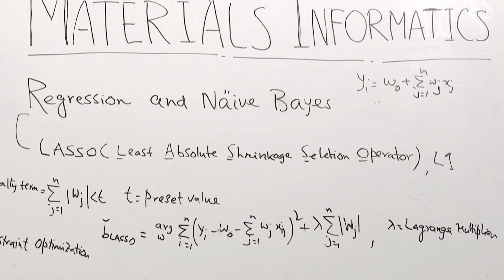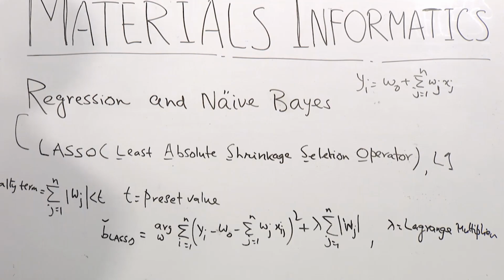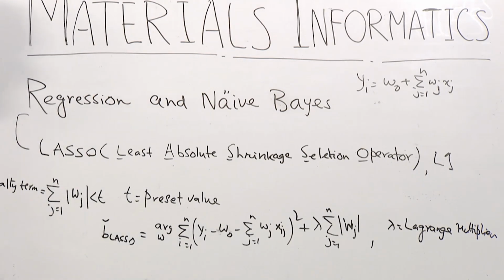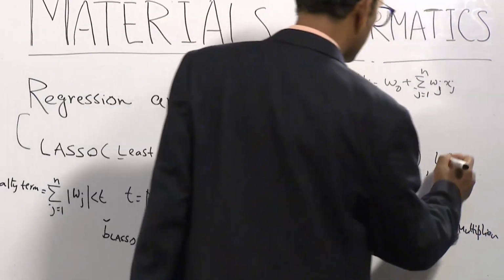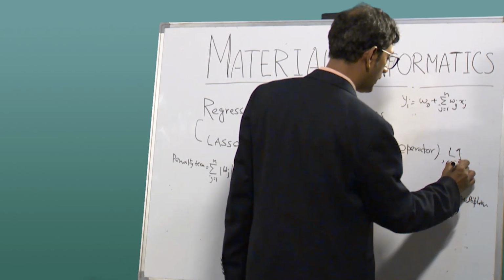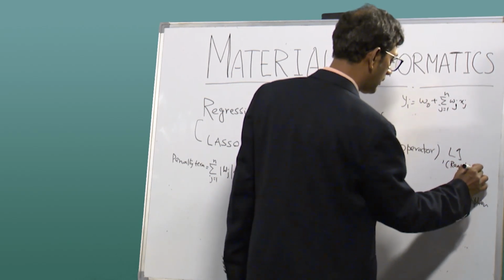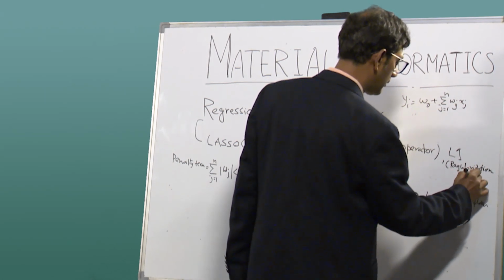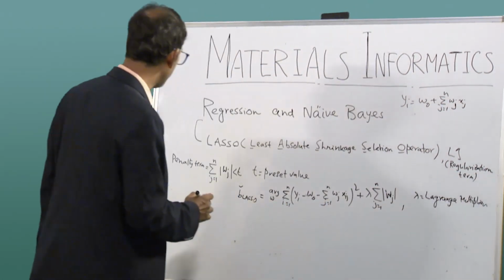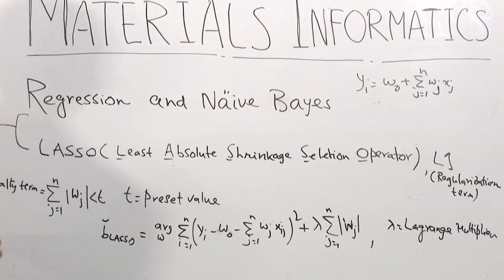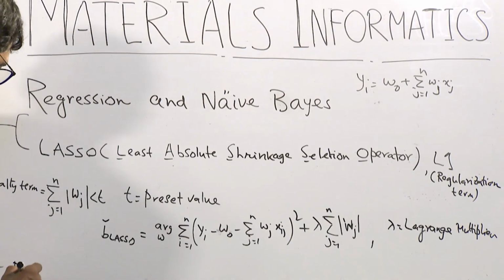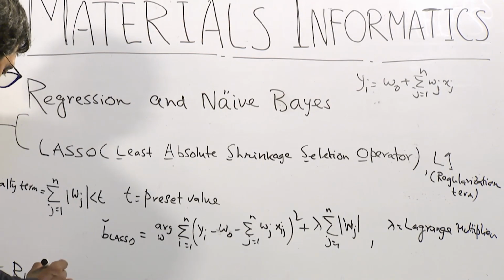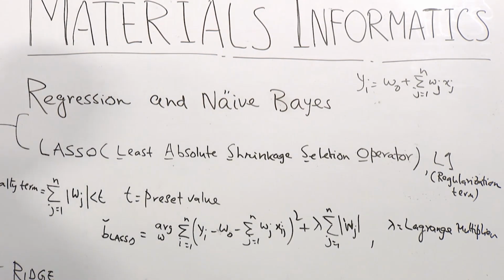So, what then is Ridge? Ridge uses an L2 regularization term. Remember, here you are using an L1 regularization term. This is your regularization term. So, in case of Ridge regression, what do you do? Very simple. I am not discussing details of other parts of that.